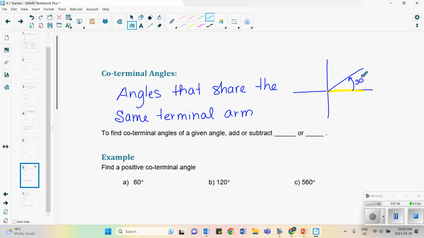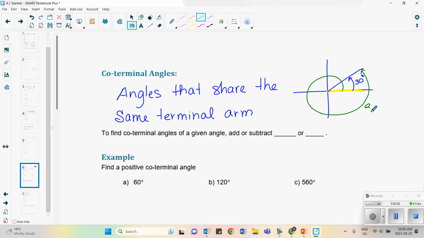So there's another angle that would share the same terminal arm. If I started here, went around all the way, and ended here, how big is that angle? 390. Because I've started here, 360 is here, and then I've gone another 30.